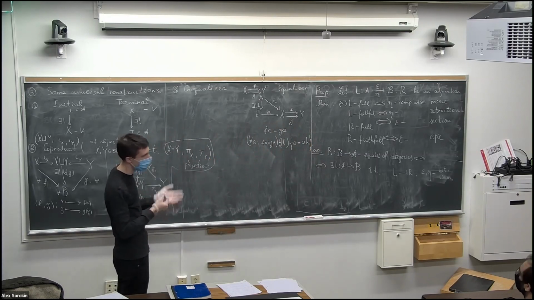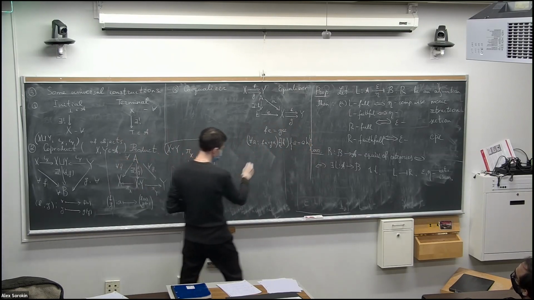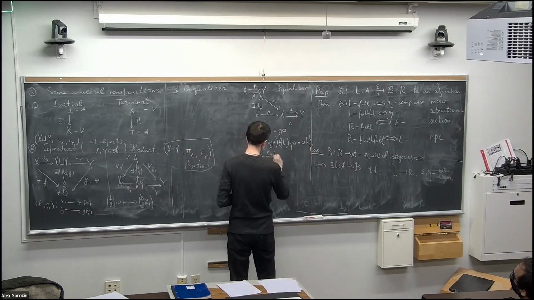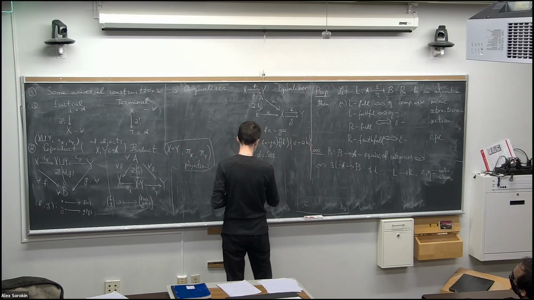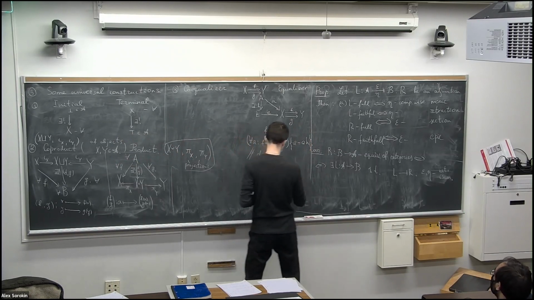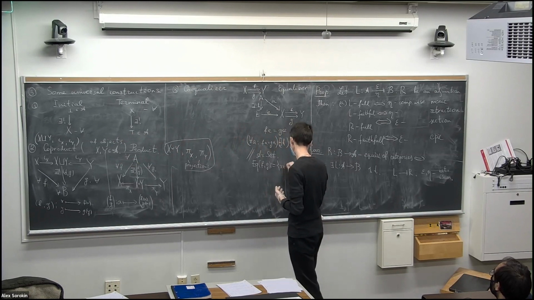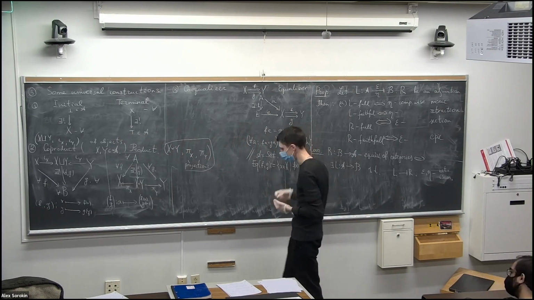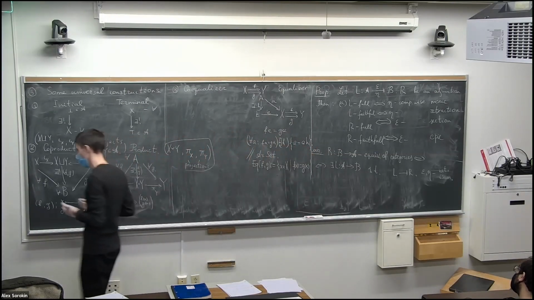In the case of sets, if A is a set, then the equalizer of f and g is defined to be the set of all elements small x in X such that f of x equals g of x. It's a set where both functions coincide.